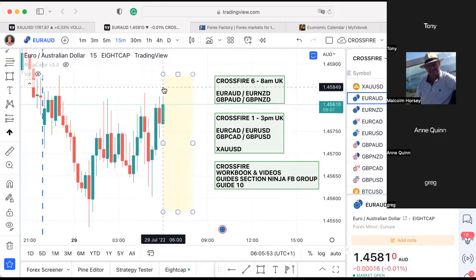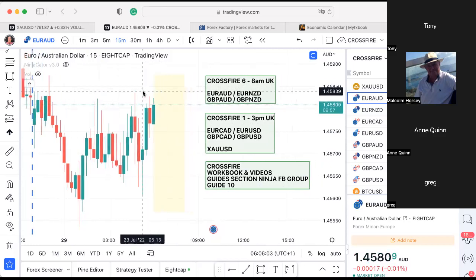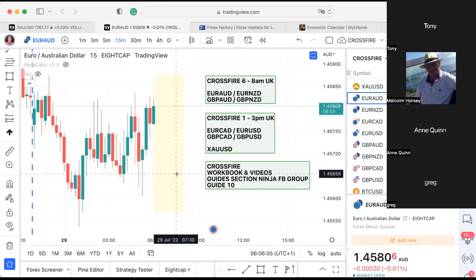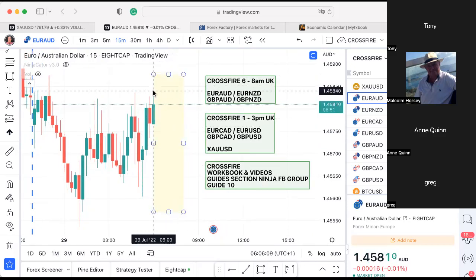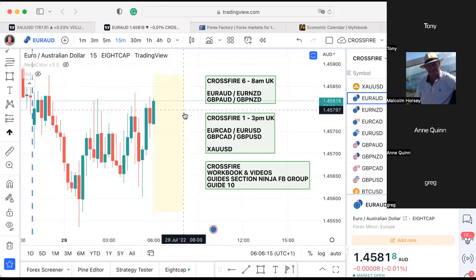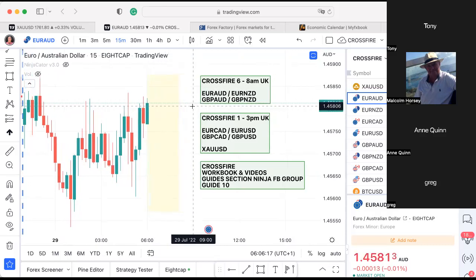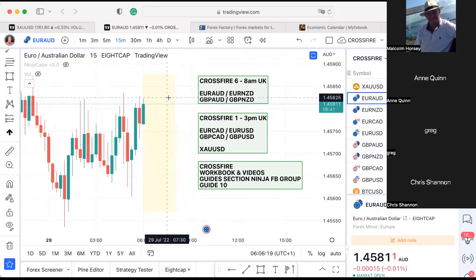We've now got a 6 o'clock candle. We can't do anything until that 6 o'clock candle is complete, but what we can do is get ready for 6:15. So I've already drawn sort of a pale yellow rectangle covering the time span between 6 a.m. and 8 a.m. That's really just to focus my eye on what we're doing this morning.